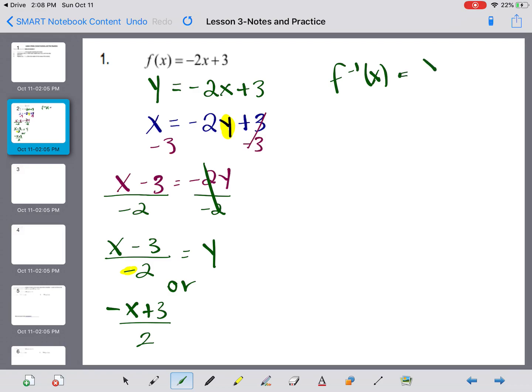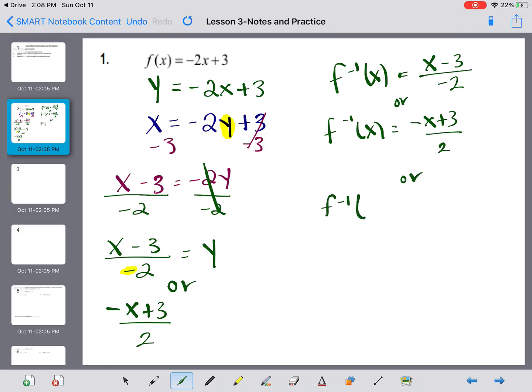So you could have left it like this. Totally fine. Or you could have written it like this. Because when we divide here, x divided by negative 2 is just negative 1/2 x.